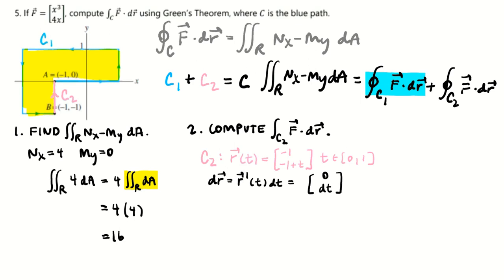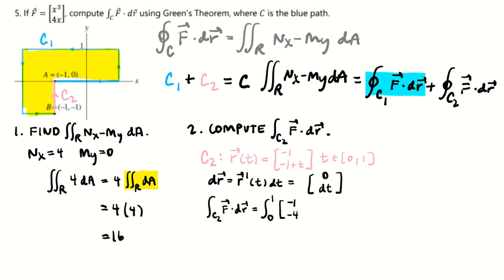F dotted with dr: from t equals 0 up to t equals 1, f is x to the third, and x is equal to -1, so that's -1 to the third, which is -1.